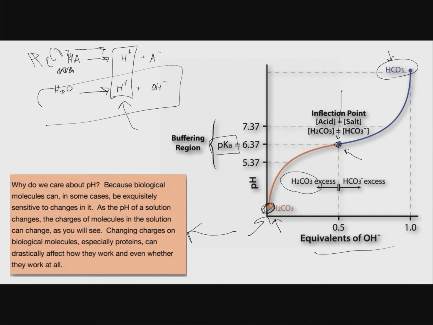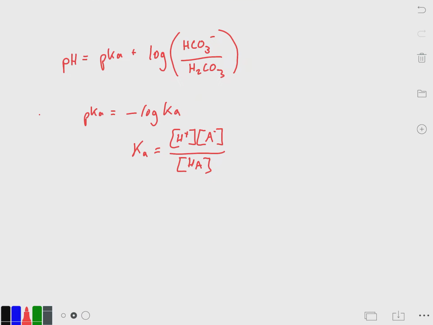And remember, going back to the Henderson-Hasselbalch equation, the pH is a measure of these two concentrations. It's a ratio. So when these at the inflection point are equal to each other, then this is equal to 1. And we'll talk about the significance of that in a second.